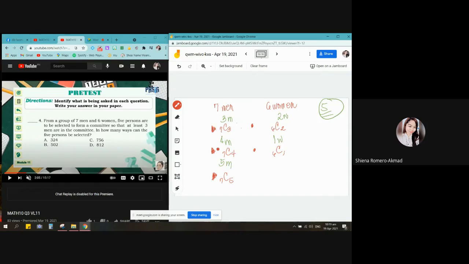And at the same time, either of them, either of the 3, ang pwede. Kahit alin sa tatlo yung pwedeng mangyari. Okay. So, what is 7C3, sabi nga ng classmate nyo, combination of 7 taken 3 at a time.